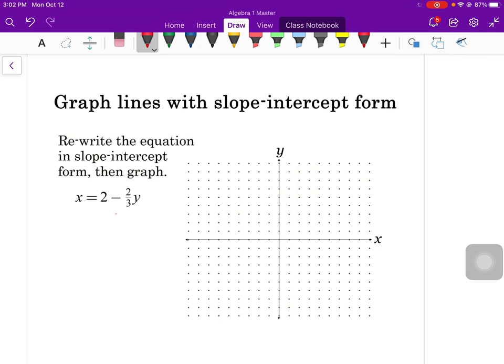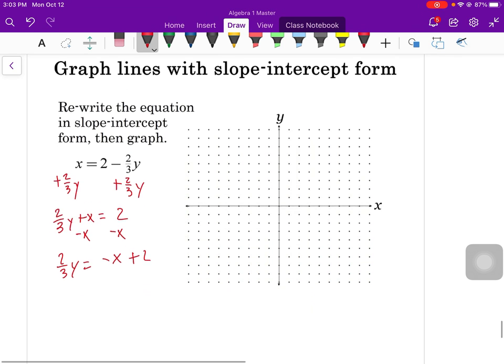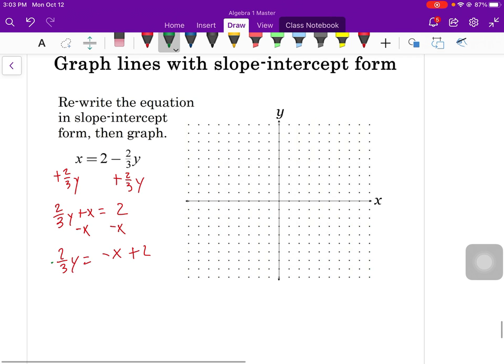Get this to y equals mx plus b. I'm actually going to add 2/3 y to both sides. That way I can get rid of that negative and get y on the left side, because I want y on the left side anyway. So I've got 2/3 y plus x equals 2. Then I'm going to subtract x from both sides. Give me -x plus 2 on the right.